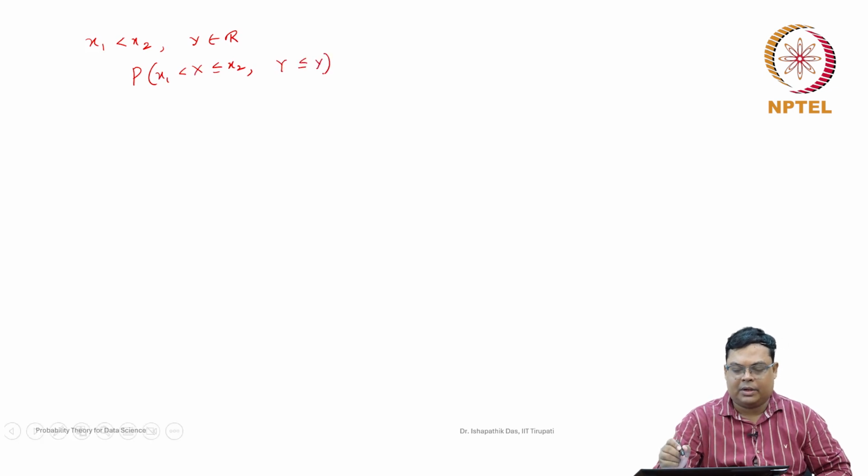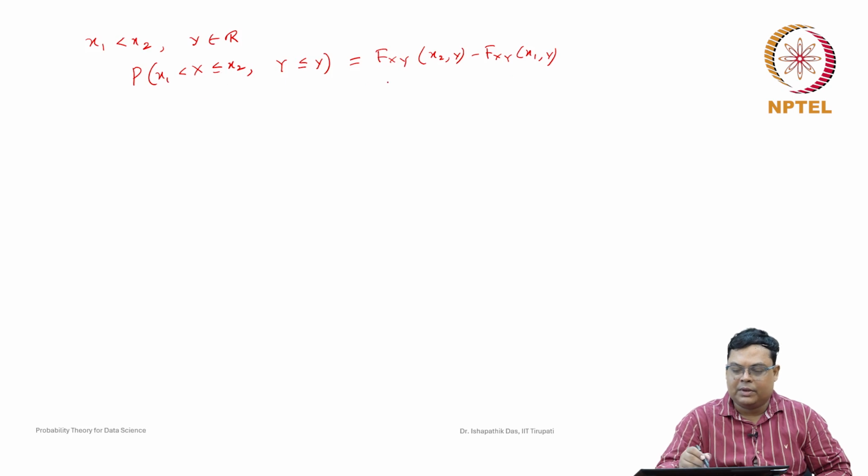What will be this probability? This probability will be F_XY(x2, y) minus F_XY(x1, y). Whenever it was only the univariate case, it is nothing but F_X(x2) minus F_X(x1), but here y is also there. So, fixing y, we can find this probability.